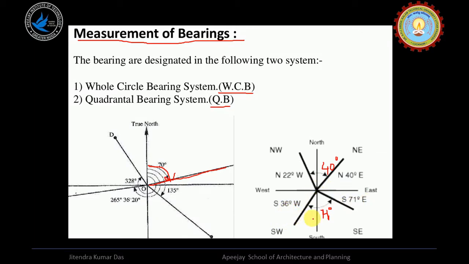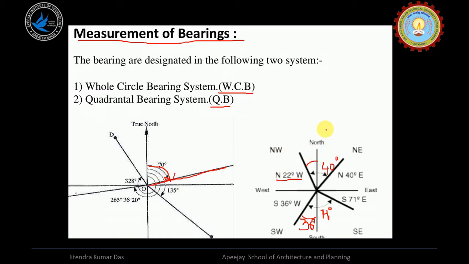Similarly, for the third line, whose angle here is 36 degrees, we can say that its bearing is south 36 degrees west. And last is the fourth quadrant, and this angle is 22 degrees. In this case, we can say north 22 degrees west.